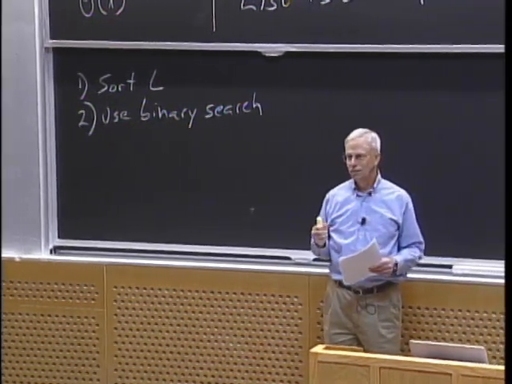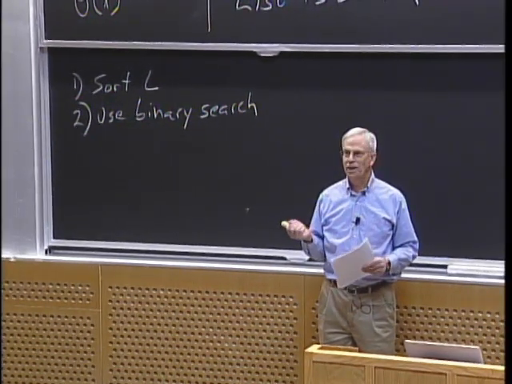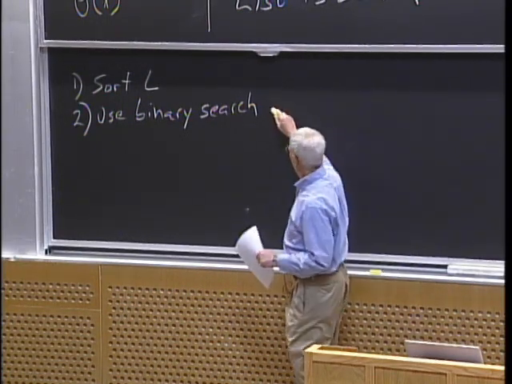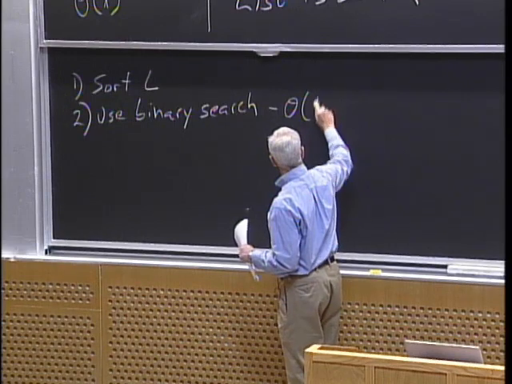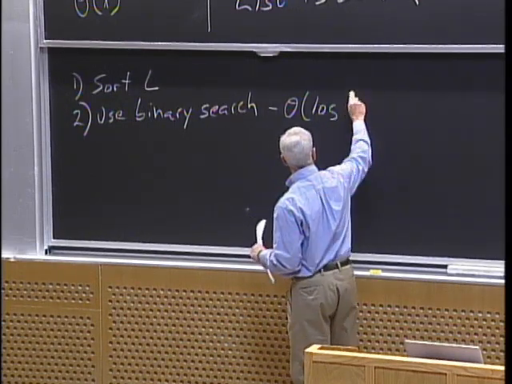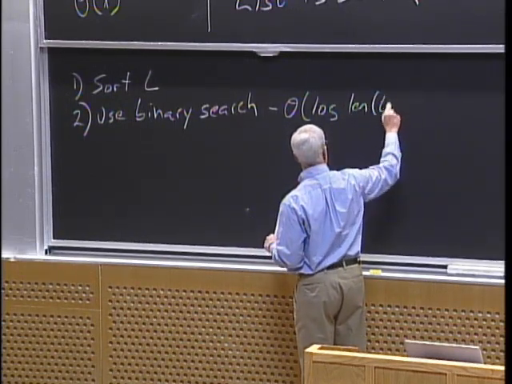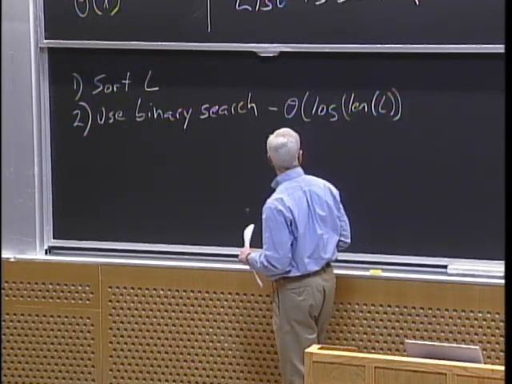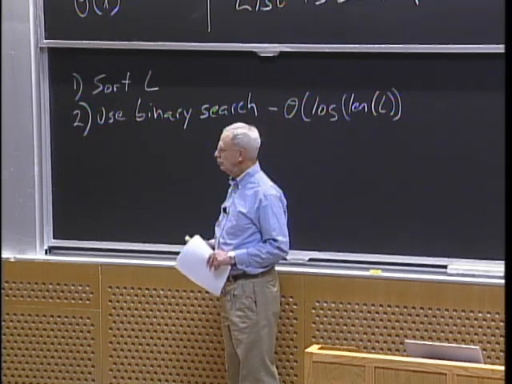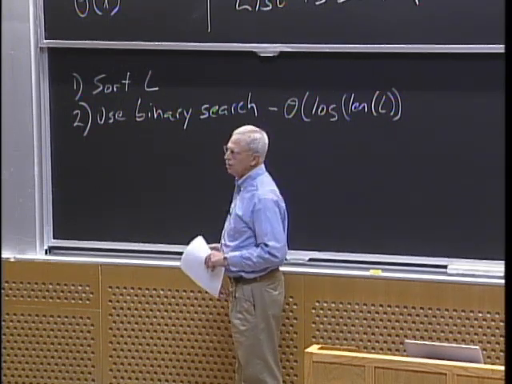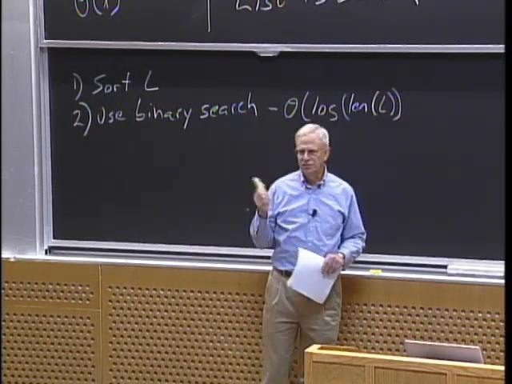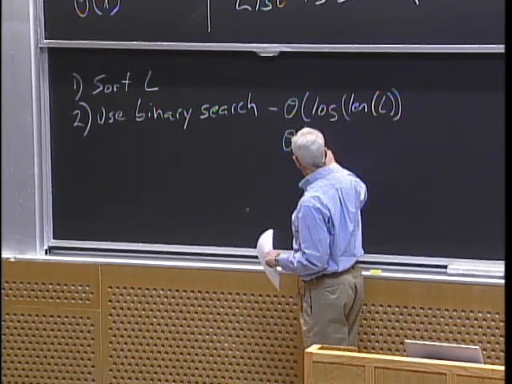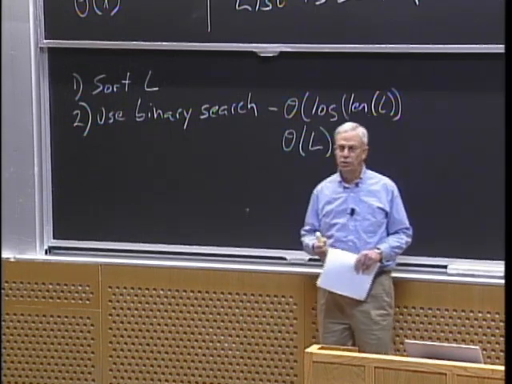Well, what does it depend upon, whether this makes sense from an efficiency point of view? We know that binary search is order log length of L. We also know if the list isn't sorted, we can do it in order L. We can always use linear search.